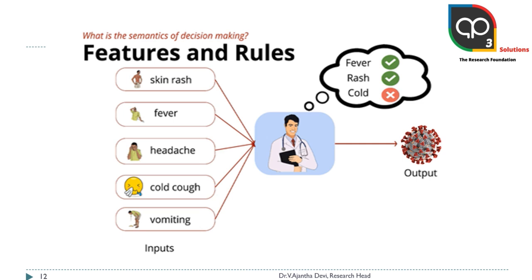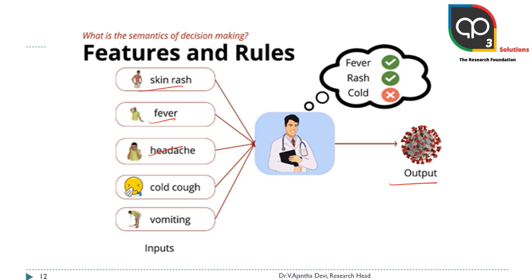The input for this program would be all these listed symptoms, which are fed to the program, pass through all these if and else conditions, and give us the final output.